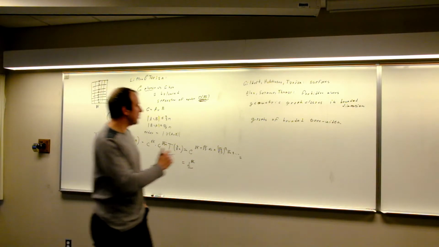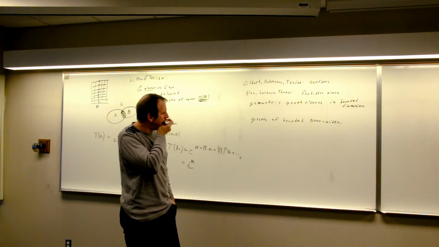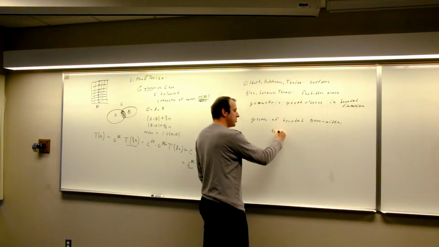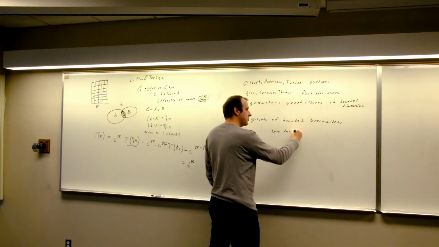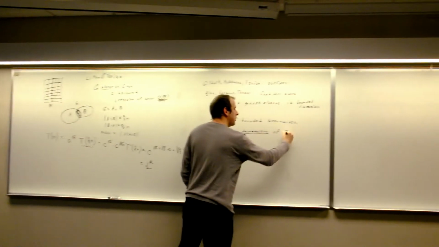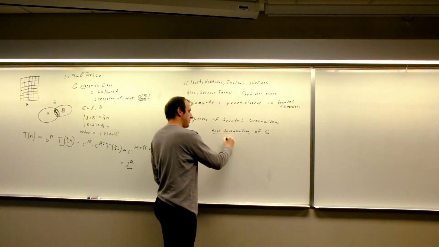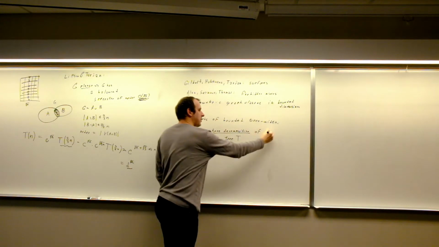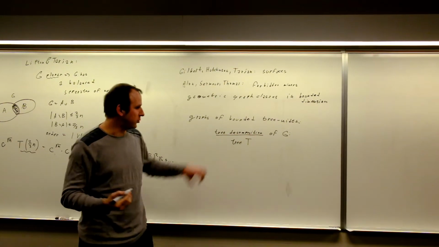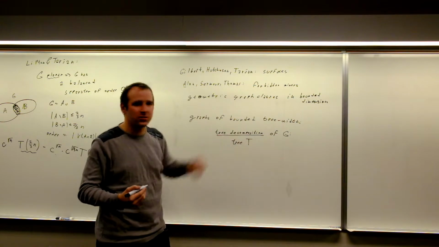Okay. So let me say what a treewidth of a graph is. Given some graph G, a tree decomposition of your graph is a tree whose vertices are subsets of vertices of G. So to each vertex of the tree, I am assigning some subset of vertices of my original graph.